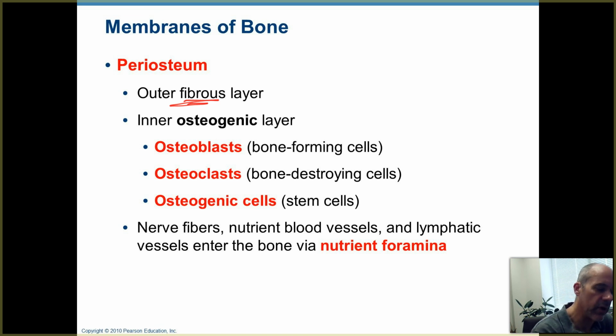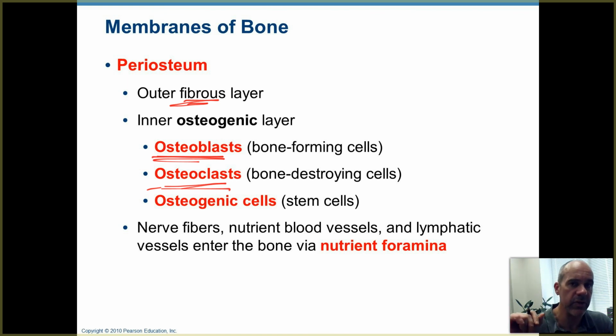And those cells are called your osteoblasts. These are cells that actually create osseous tissue, bony tissue. They're your bone forming cells. Then you have the osteoclasts. Those are cells that actually dissolve bone, which can be important for bone shaping. It's important, as we'll see, for calcium homeostasis. Very important cells, both of those two types.